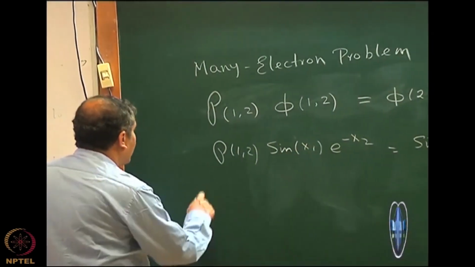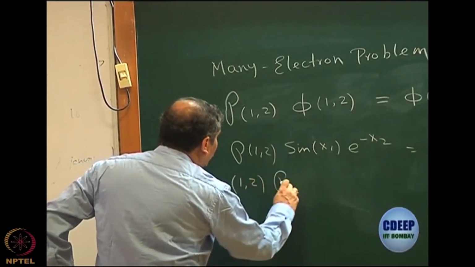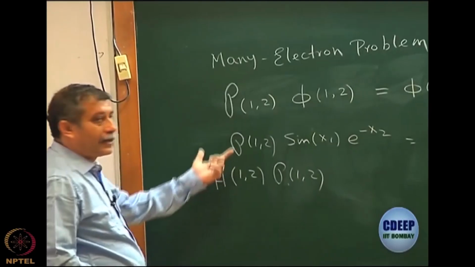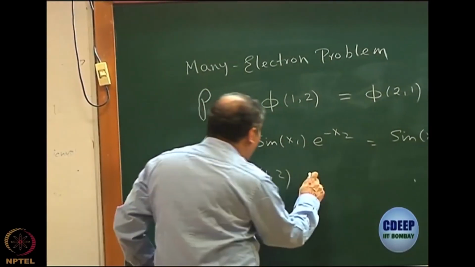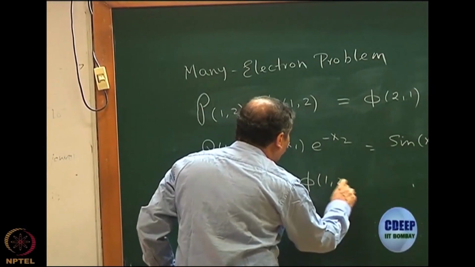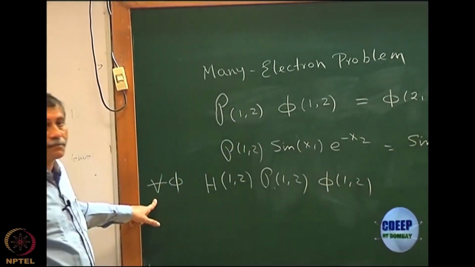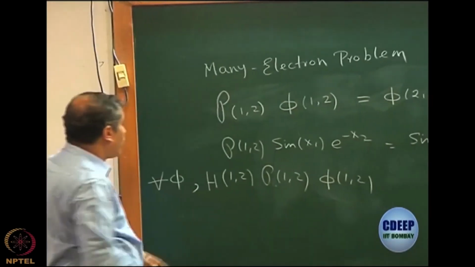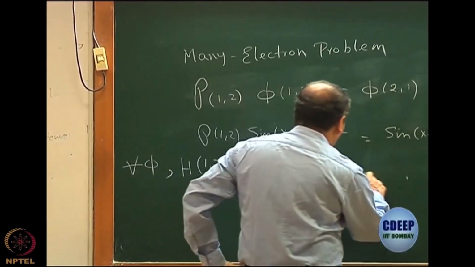Then we notice that for such a permutation operator, if you have the product of the Hamiltonian, n particle Hamiltonian or n electron Hamiltonian with H and P acting on an arbitrary function phi 1 2. So, this is for any function phi. I hope all of you understand this symbol, it is an arbitrary function. So, any function phi, if I allow this to act, then let us see what happens.